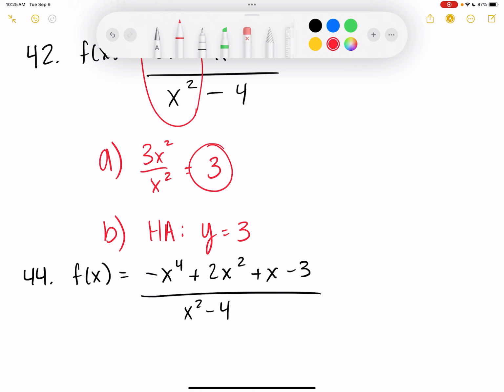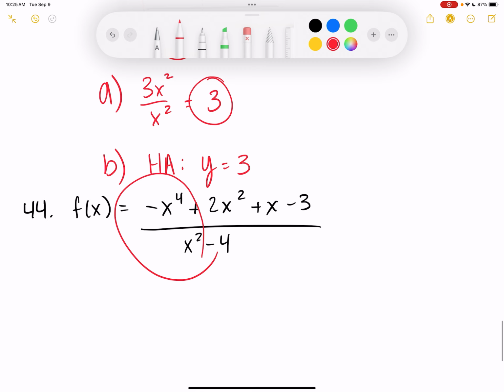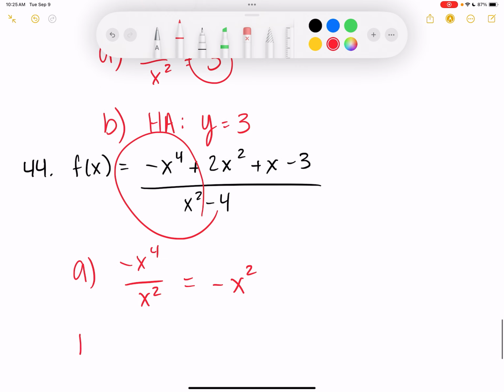So I'm looking at the negative x to the 4th over x squared. That reduces down just to negative x squared. Do I have any horizontal asymptotes on this one? No. It's bigger on top.